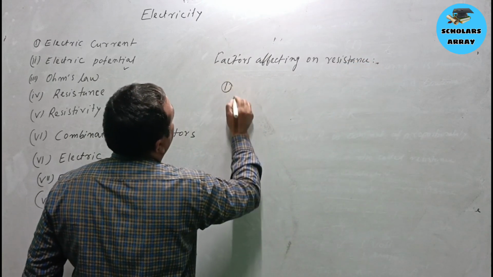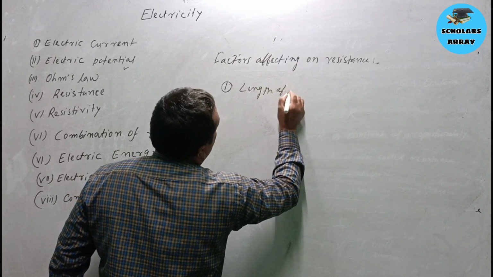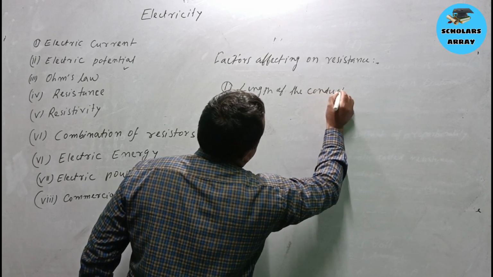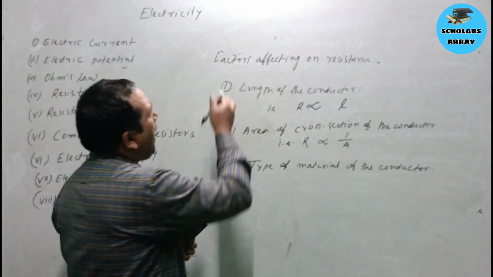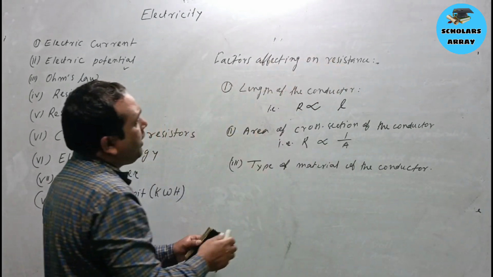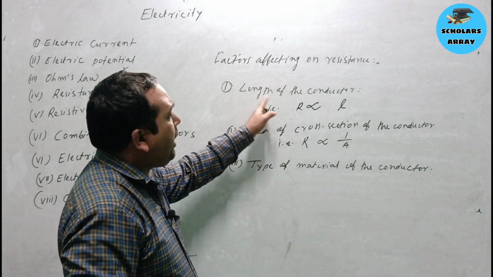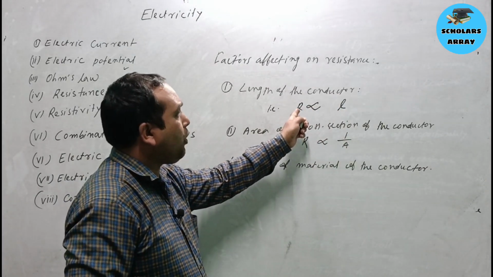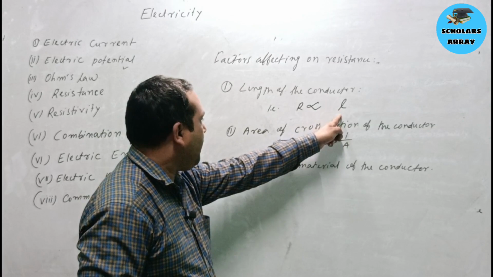Number 1, length of the conductor. If the length of the conductor increases, then the resistance of the conductor also increases. That is, R is directly proportional to L.